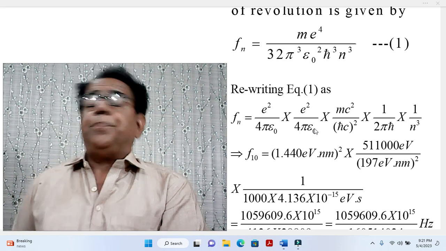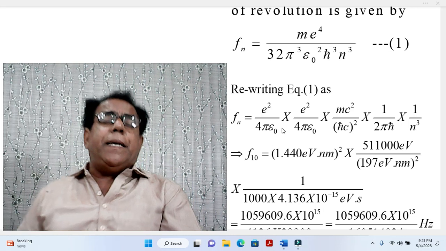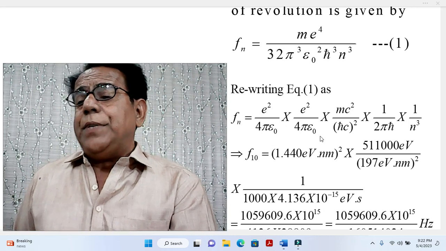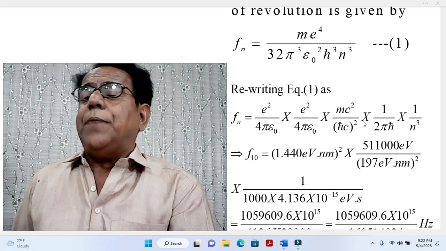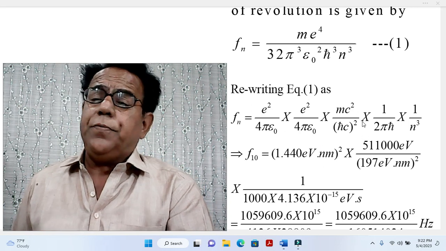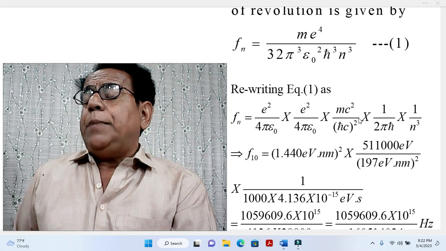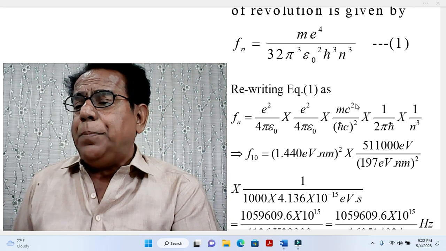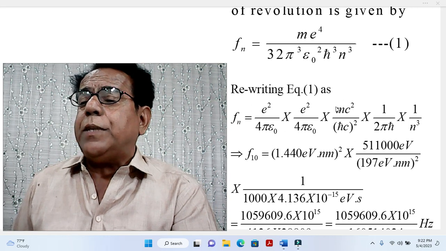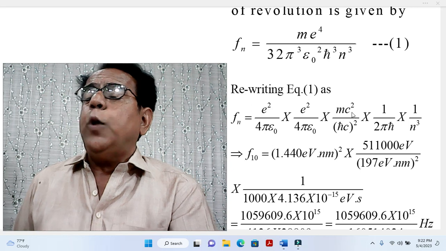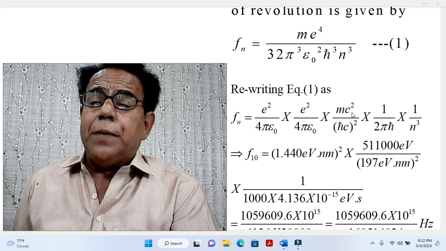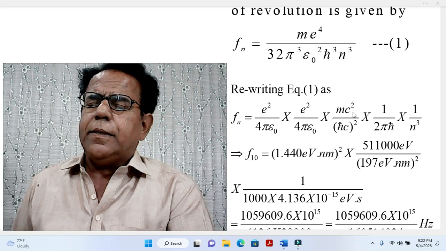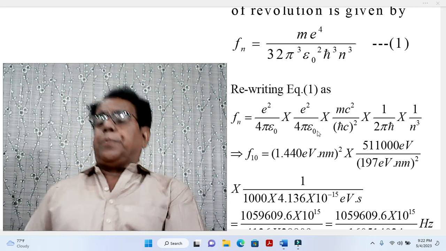Now next, we have just made an arrangement. We have multiplied as well as divided by c square. No difference. The benefit is that in the numerator we get mc square, and in place of this mc square we may use the value 0.511 million electron volt, or 511,000 electron volt.